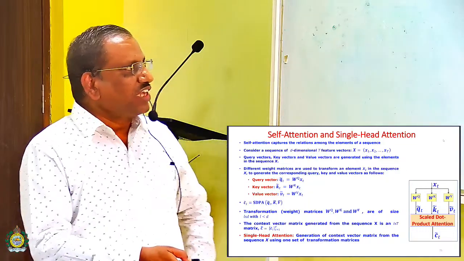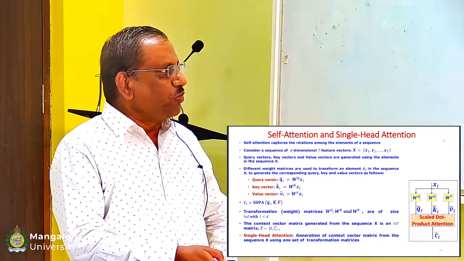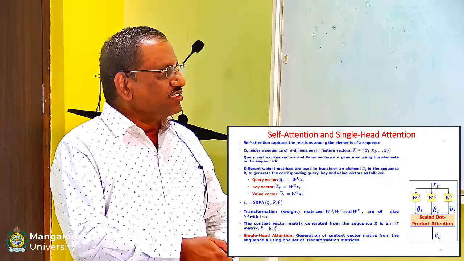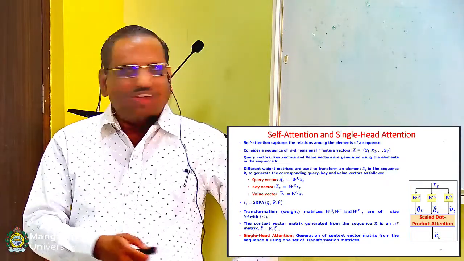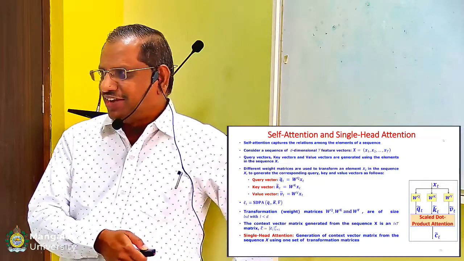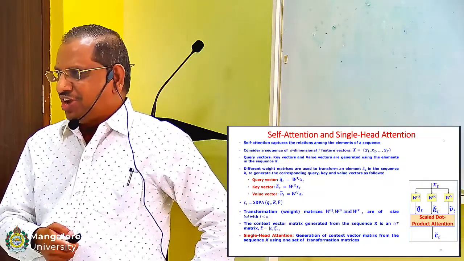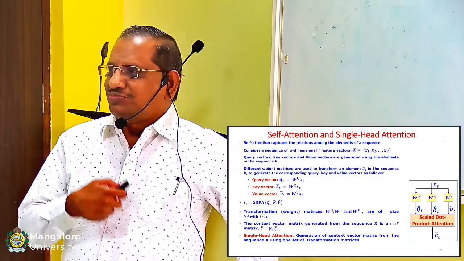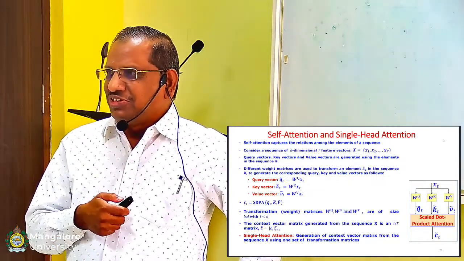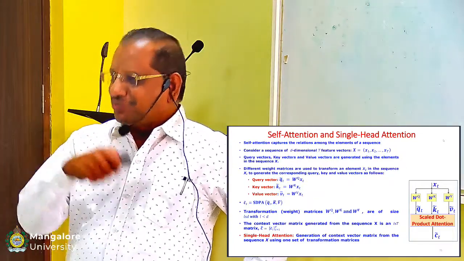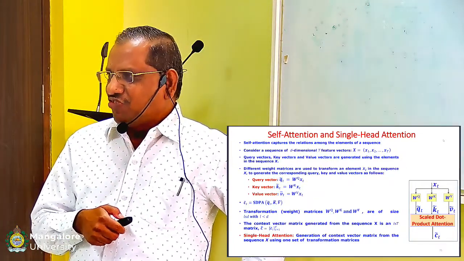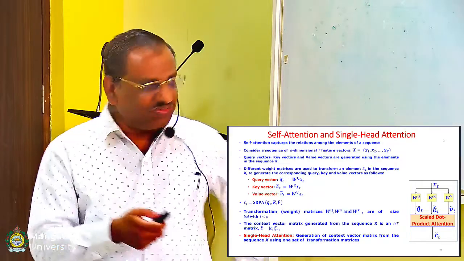All this collection of these three matrices put together is referred to as the single head attention. And as you can guess, when I change these matrices, the transformations will be different. So I perform multiple such transformations to generate multiple different representations, and then capture the relations among the words, and then generate these context vectors, right?